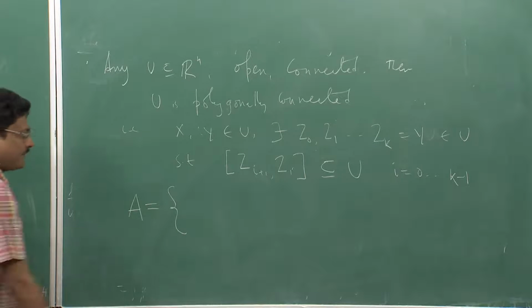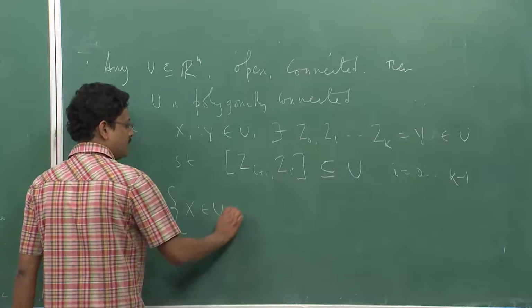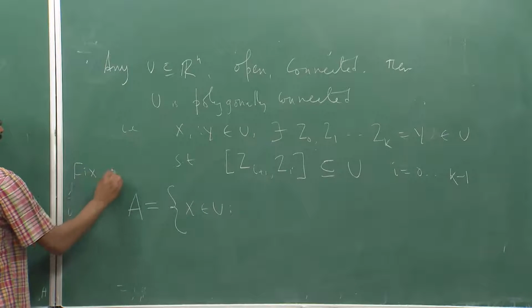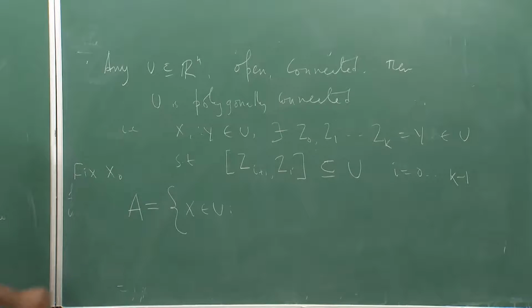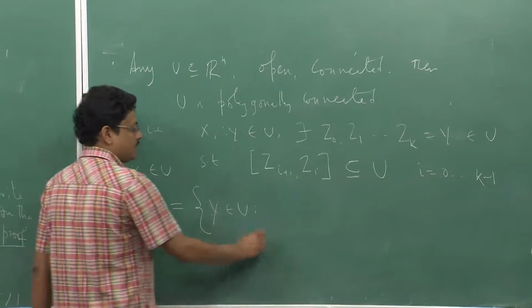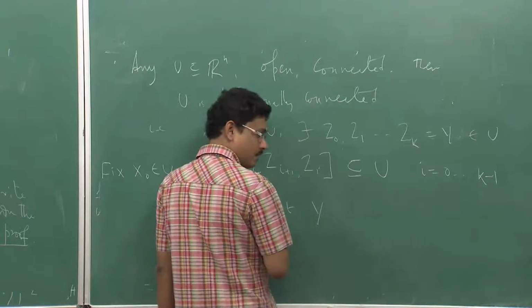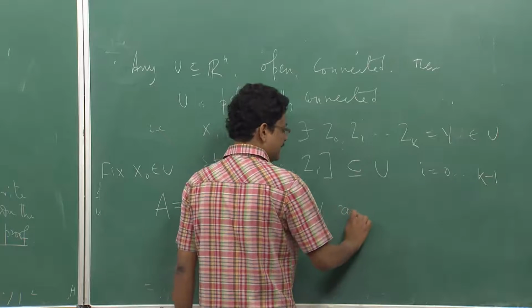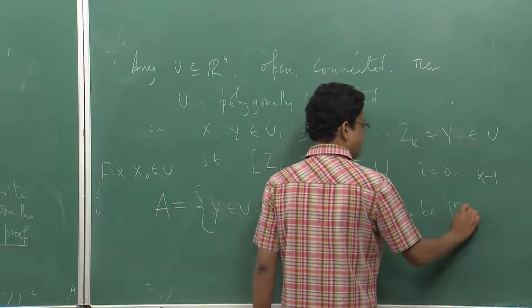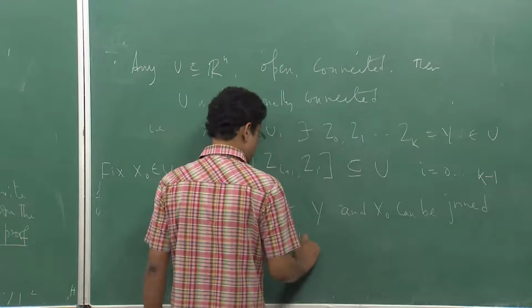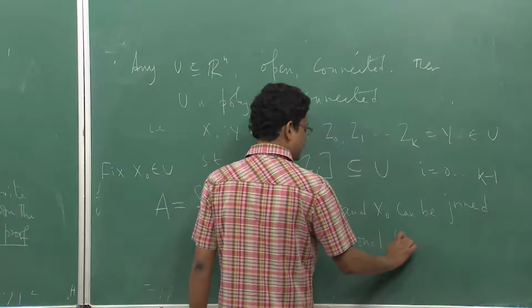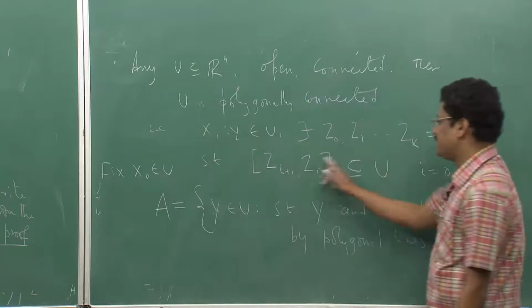You take a subset A of U, so fix any point x naught in U. Consider all points y in U such that y and x naught can be joined by polygonal lines, that is these broken lines.